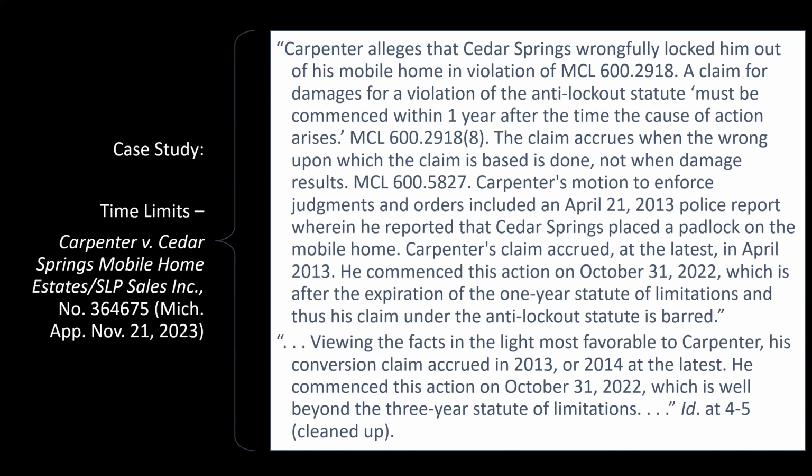And the court first referred to Nelson versus Gray. Nelson versus Gray said that the term tenant in the anti-lockout statute is intended to include individuals who pay consideration to the landlord for the right to occupy the rental property, rather than members of the larger family unit dwelling in the rental property.